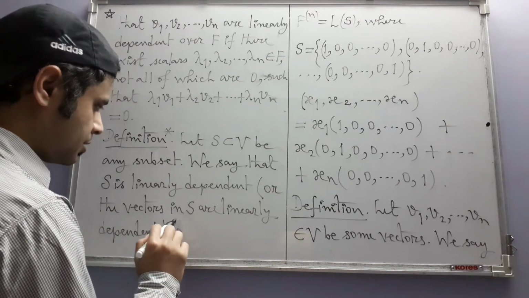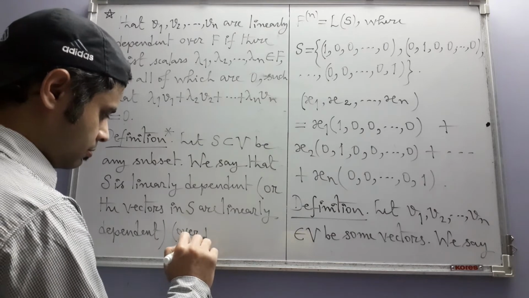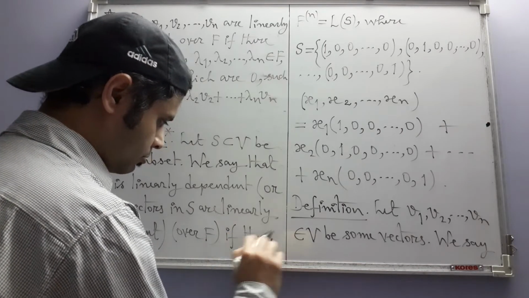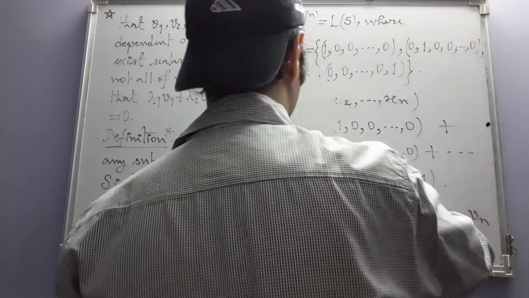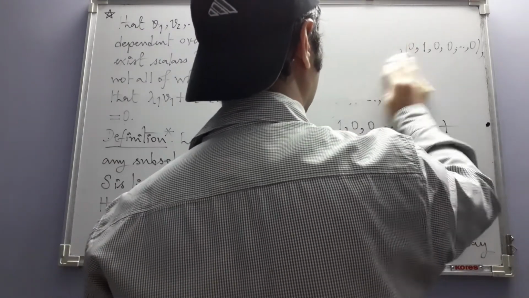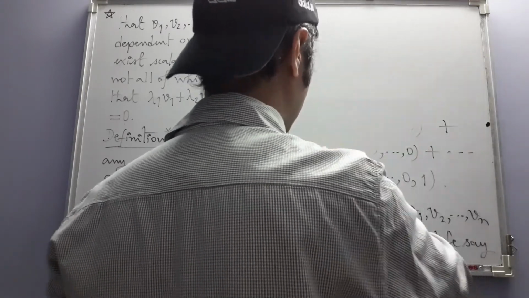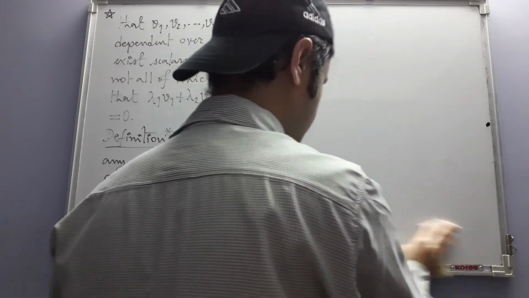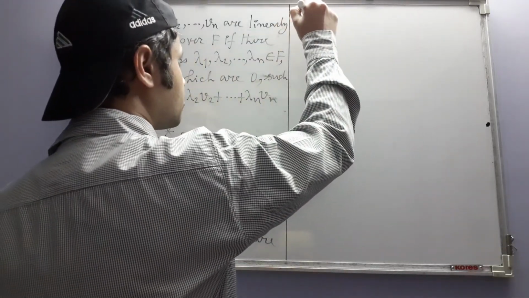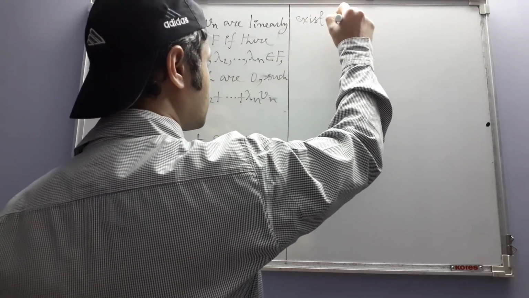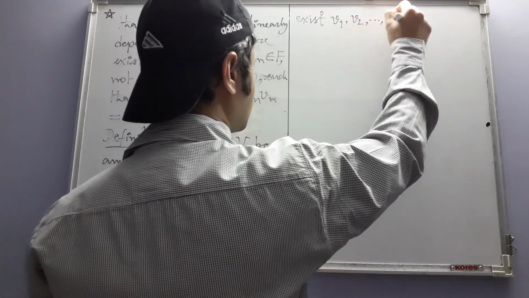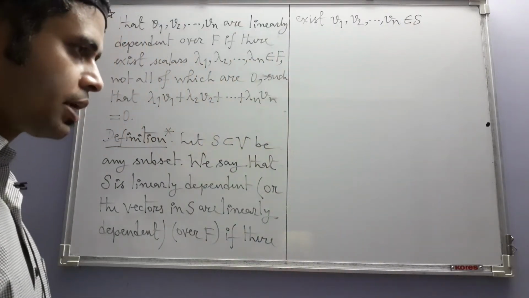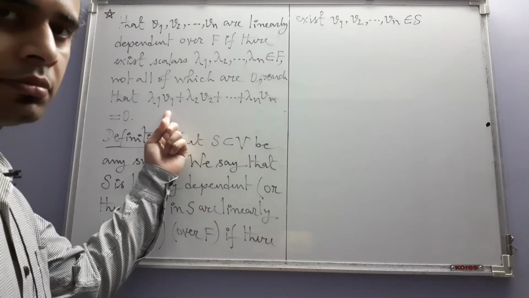We can mention over F since we have mentioned it there. If there exists some finitely many vectors in S which are linearly dependent according to the previous definition.